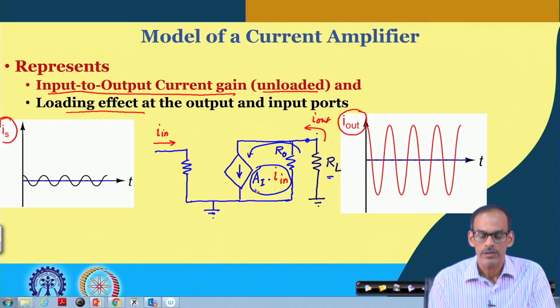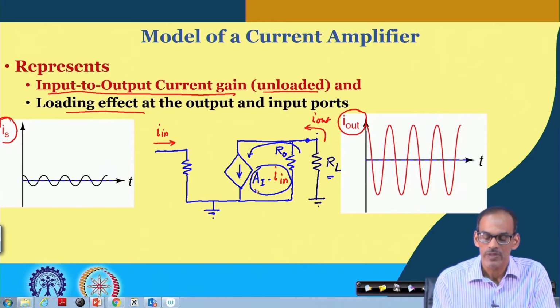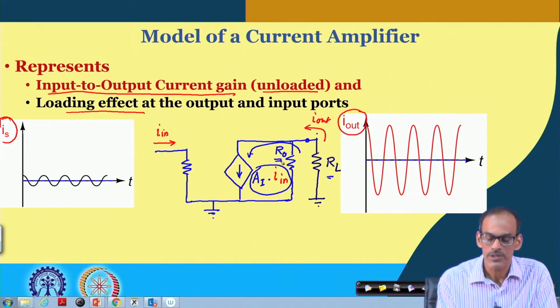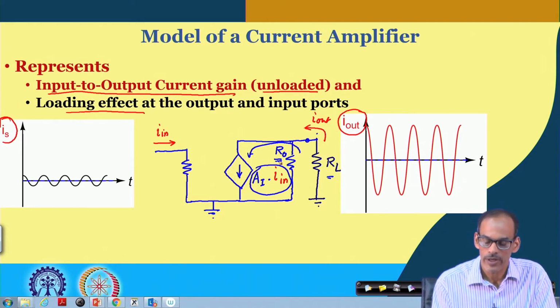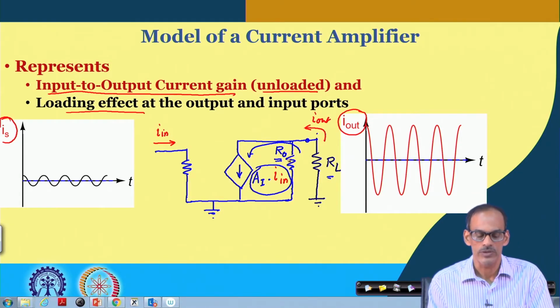Again, this R O represents the practical loading effect in the circuit. So, if we have a non-zero load resistance R L, then the reduced current we see can again be calculated by considering this R out.